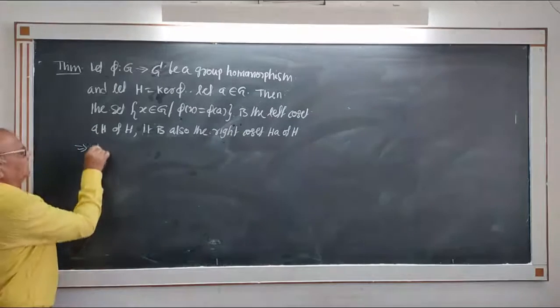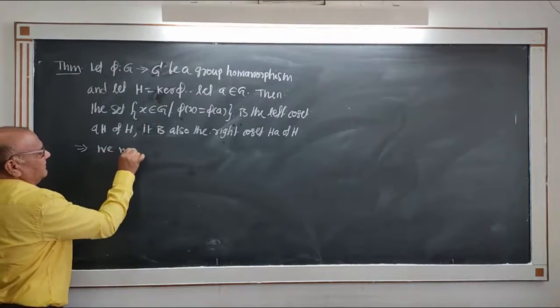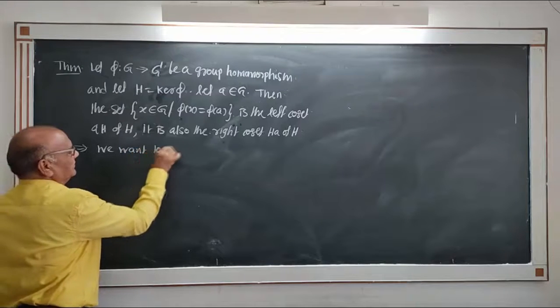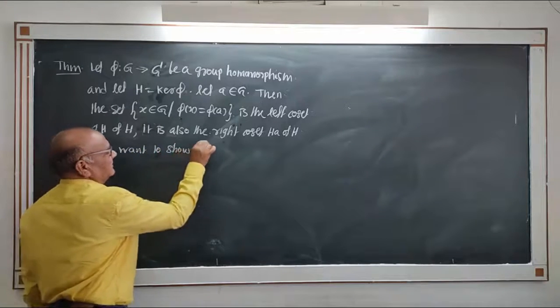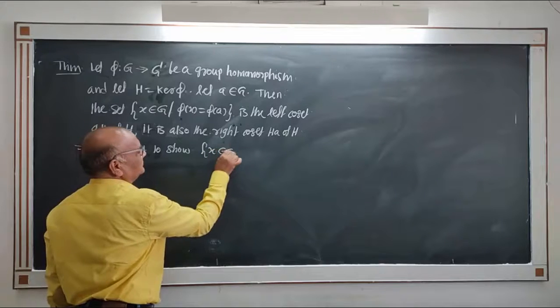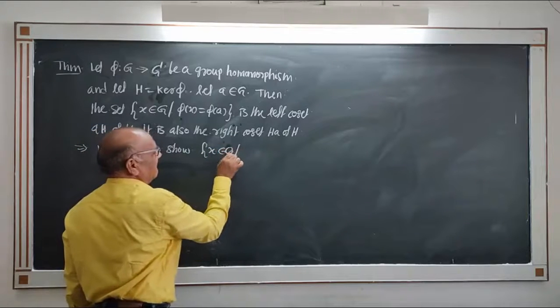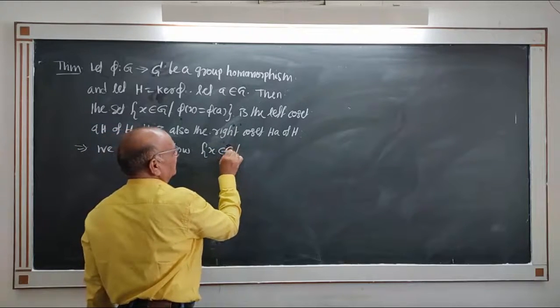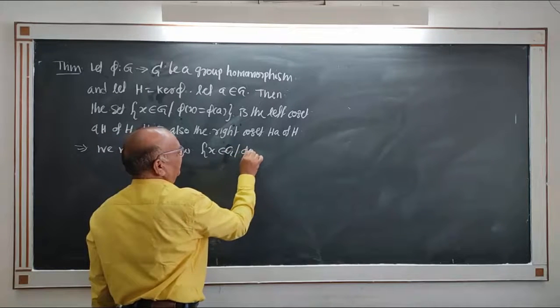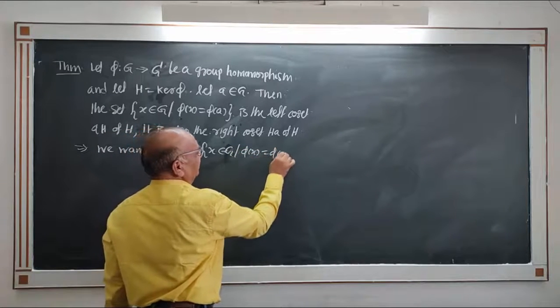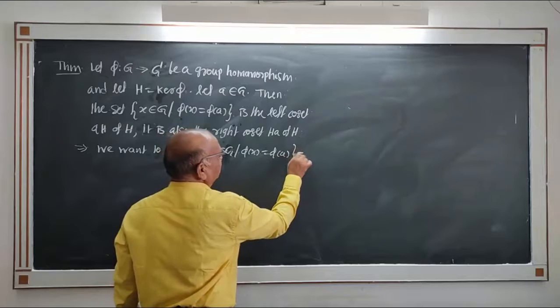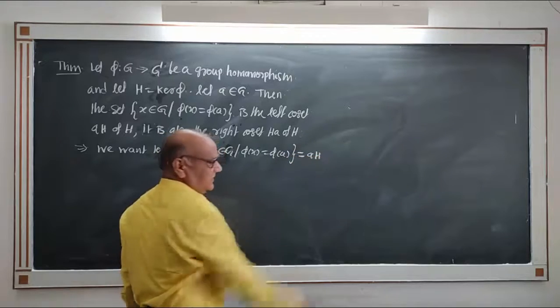That means we want to show that the set of X belonging to G such that phi of X is equal to phi of A is equal to AH.